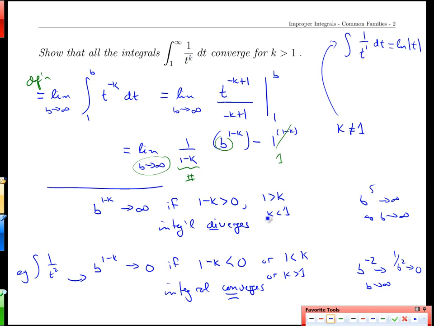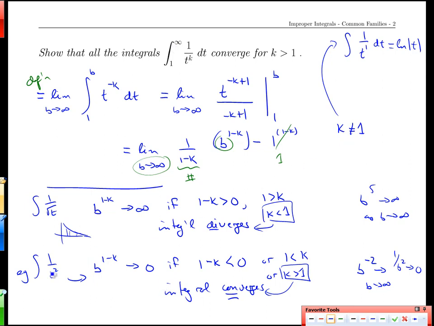If we have a power k in the original integral that's less than 1, something like 1 over root t, that will diverge even though we still have the same kind of scenario. The integrand gets smaller and smaller, and we get a function that goes down to 0. The area might still be infinite. Okay, so k less than 1 diverges. k larger than 1 converges if we're talking about integrals out to infinity.